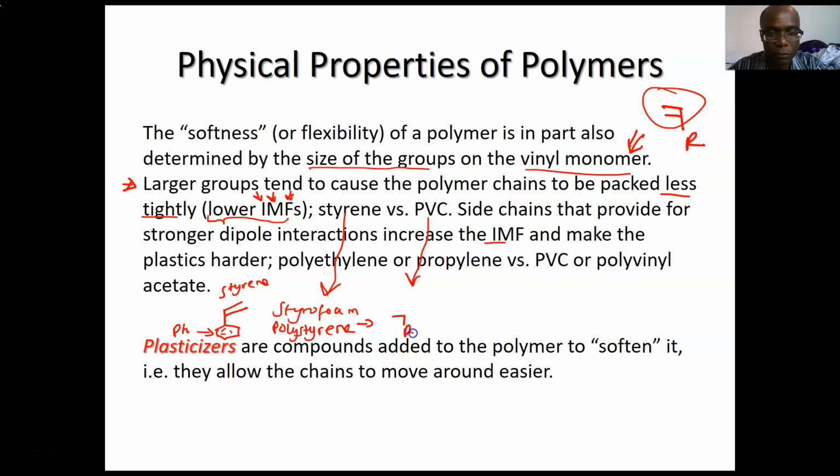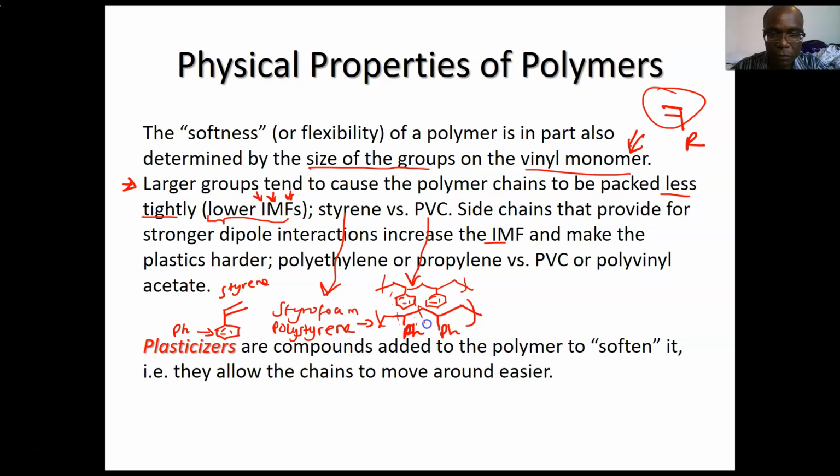I'm going to show two monomers of styrene. So if you were to stack this to another polymer, bring a second polymer here. Remember the Ph is just the benzene ring. If you are to stack them, all you have is hydrocarbon.